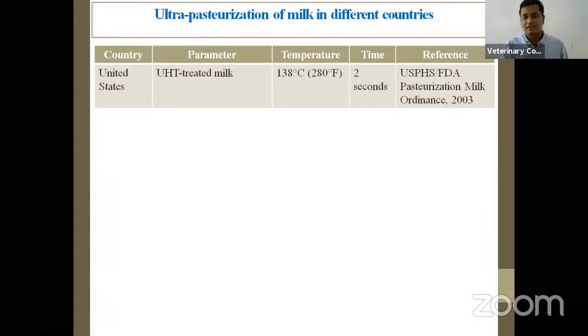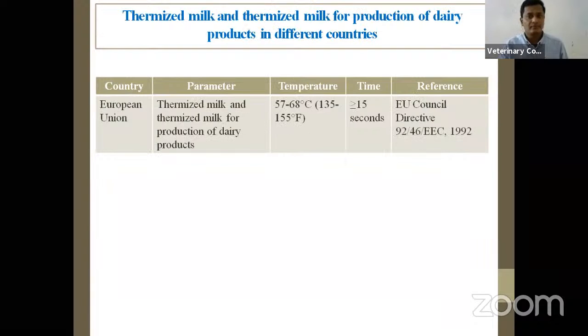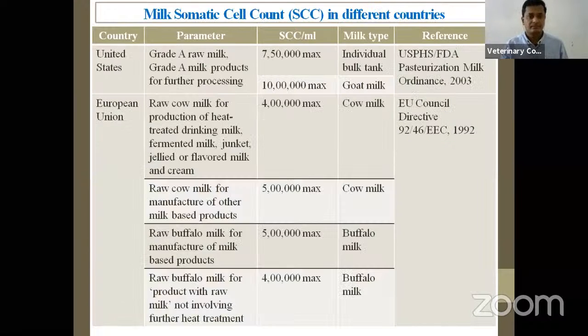In USA, they use 138 degrees centigrade for 2 seconds. Thermized milk, the milk that has been subjected to thermal processing, 57 to 68 degrees centigrade for more than 15 seconds.